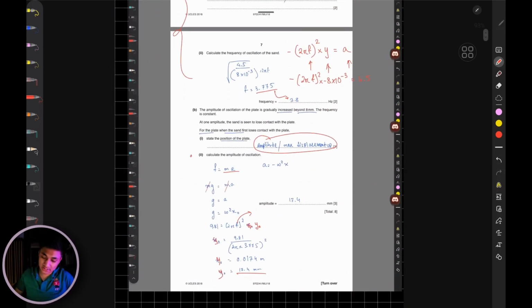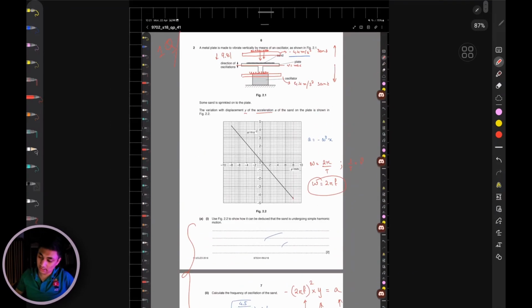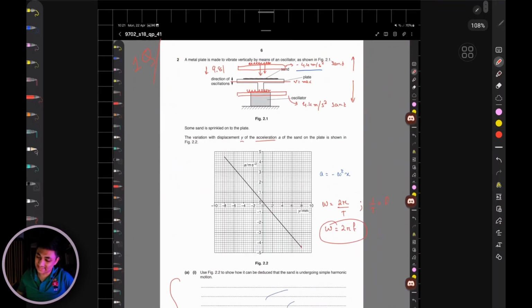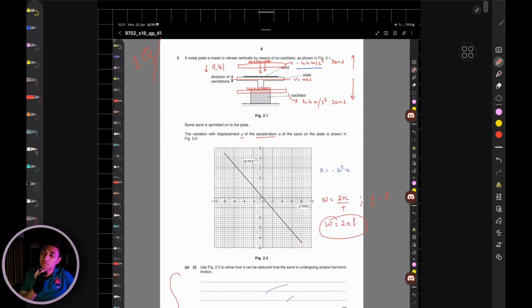So this was a pretty conceptual question. If you had a good idea of how oscillations or simple harmonic motions work, where acceleration is 0, where velocity is maximum, and at which position or due to what factors the net force can act. Can it be weight? Can it be the oscillator itself?